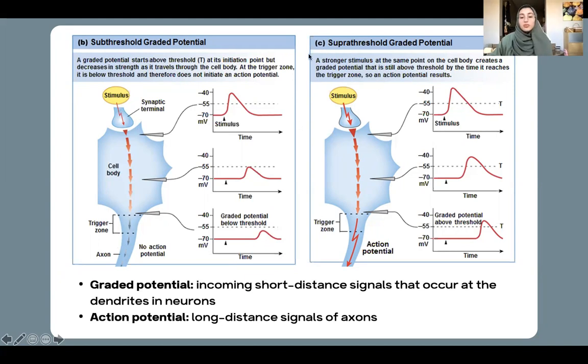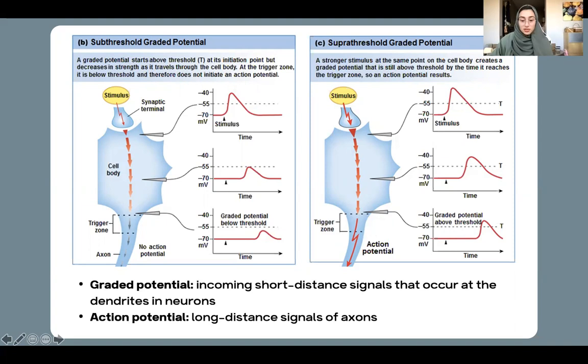Okay, but when you look at the supra-threshold graded potential, this is like when you yell at your sibling to get water for you or to do whatever. So the stimulus is very strong in the beginning, so that even though it's going to decrease in magnitude a bit, as you can see here, once it gets to this trigger zone, once it gets to the axon hillock, it's still above the threshold. So this means your action potential is going to happen.